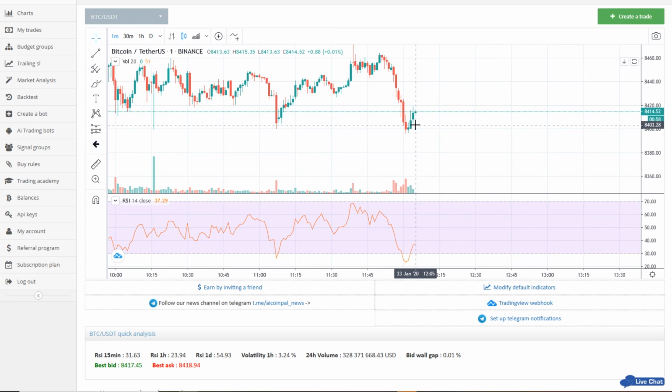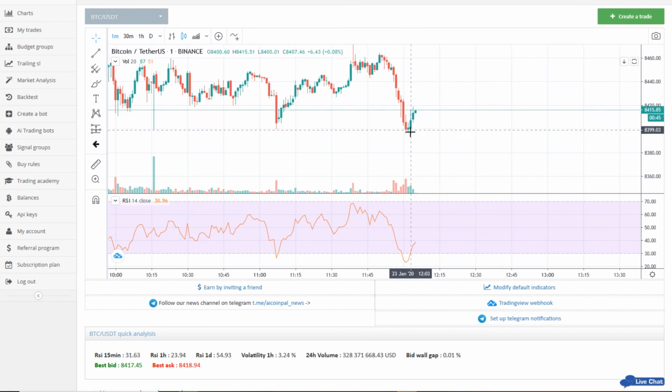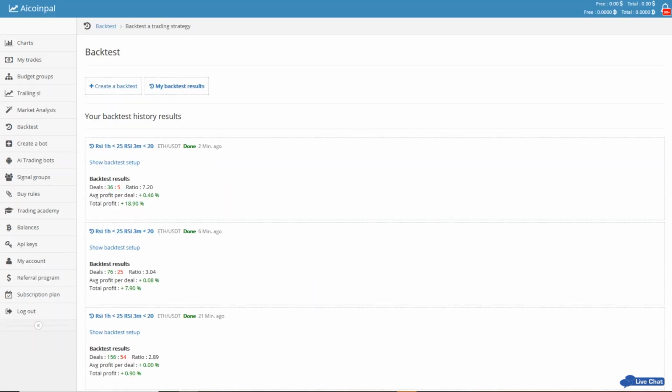That indicates that the market has slightly turned around and started to move upwards. So this is the major strategy, using the RSI indicators together, that turned the backtests positive. Not many trades, but we have a positive backtesting strategy.